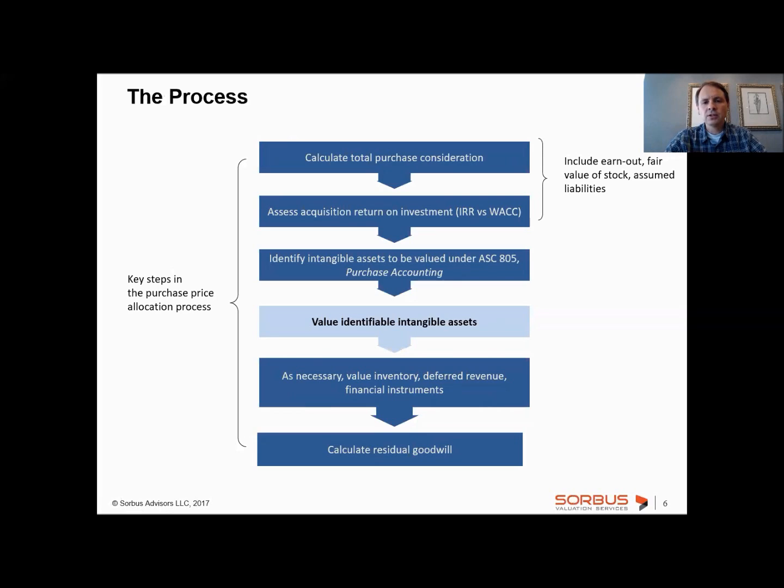Now, we don't value goodwill separately. Goodwill is typically what's left after you take the purchase price and subtract all the assets and liabilities that were acquired. There were models with some firms where they do try to value goodwill separately, but really it's not a very meaningful valuation, because goodwill is just a residual and kind of everything that's not identified.